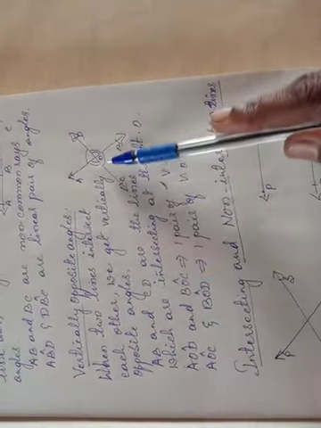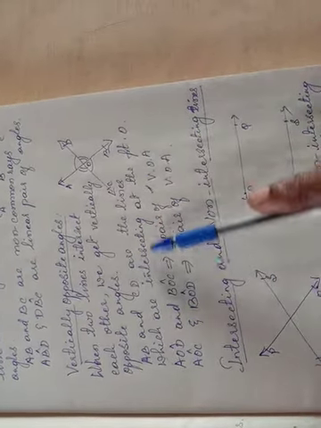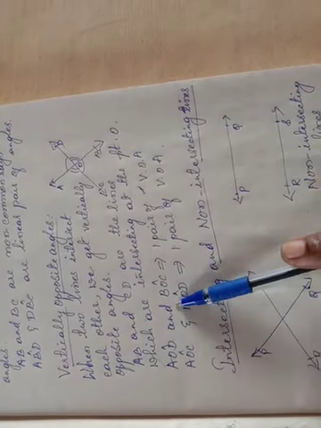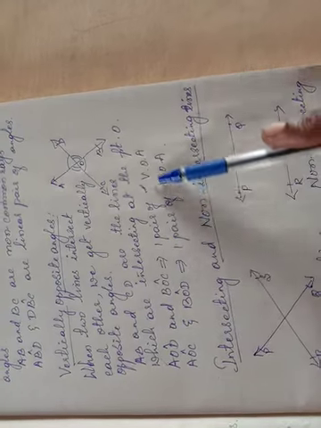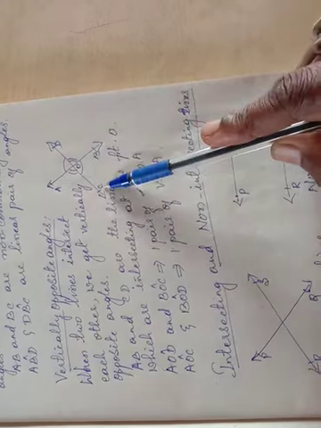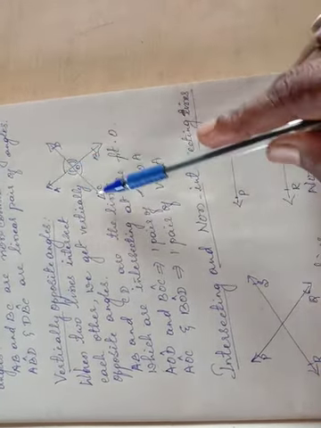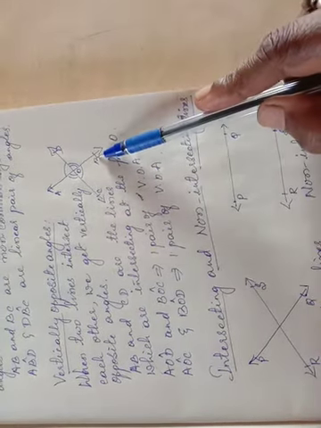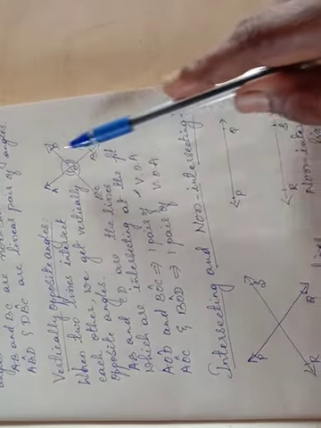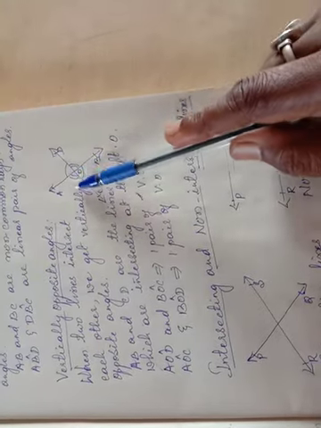AB and CD are the lines which are intersecting at the point O. Angle AOD and angle BOC are one pair of vertically opposite angles, and angle AOC and angle BOD are the other pair. So we get two pairs of vertically opposite angles.